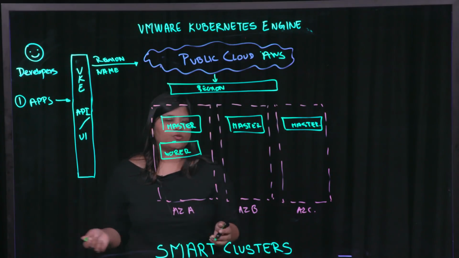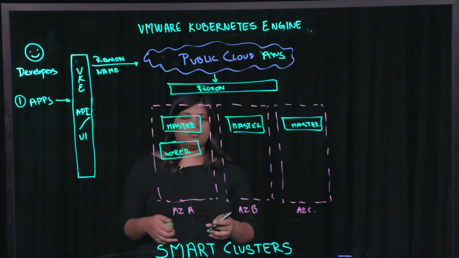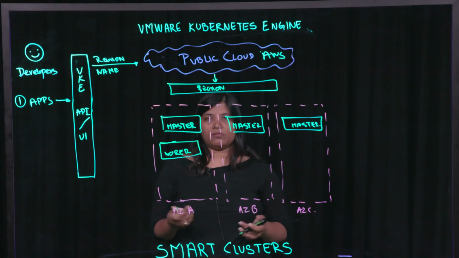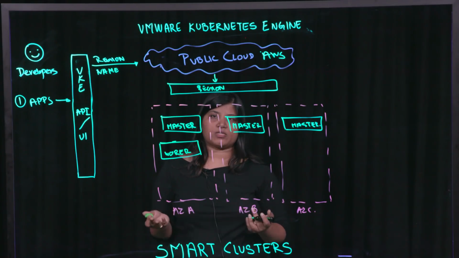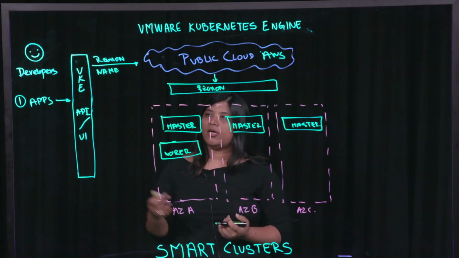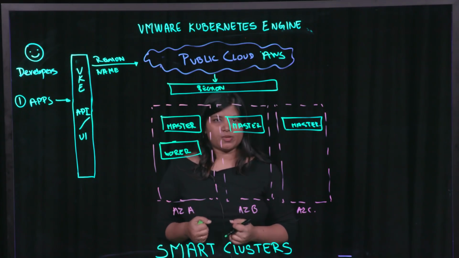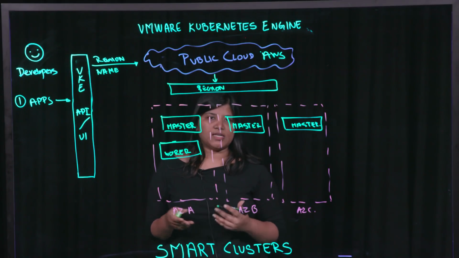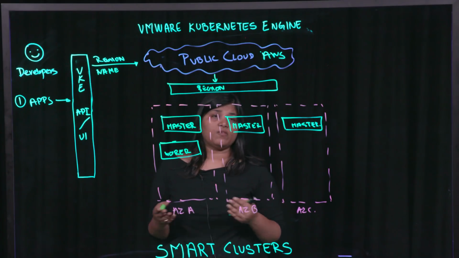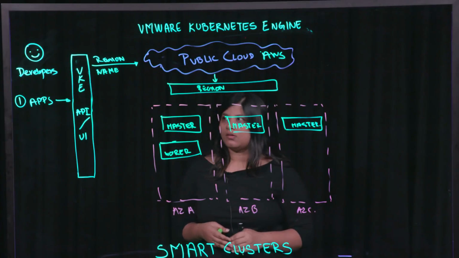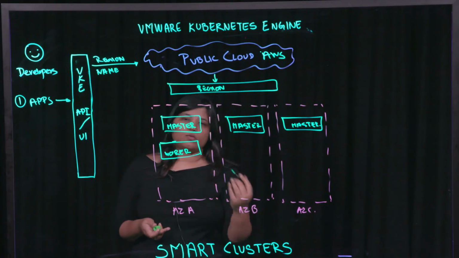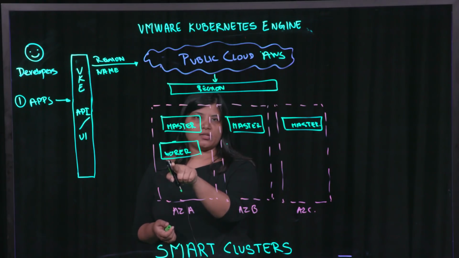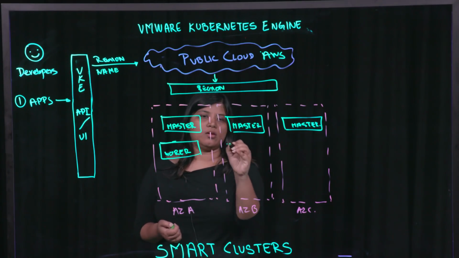Now, it will provision worker nodes as needed, which means, let's say my app only needs a single worker node that has a specific CPU and memory limit. Depending upon the YAML file that you specified for that application, it detects the worker instances needed, and it will only provision that many worker instances. Now, let's say another application comes in that needs a little bit more space than the worker node that's already deployed.